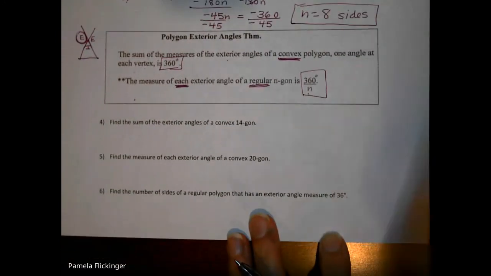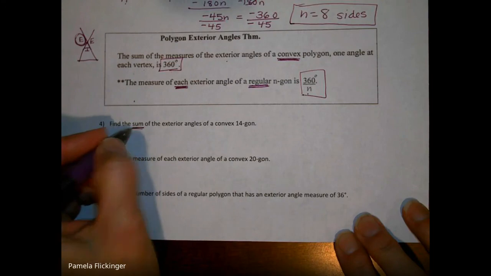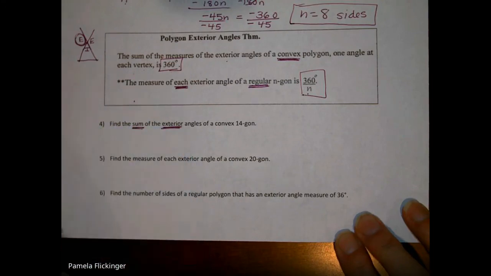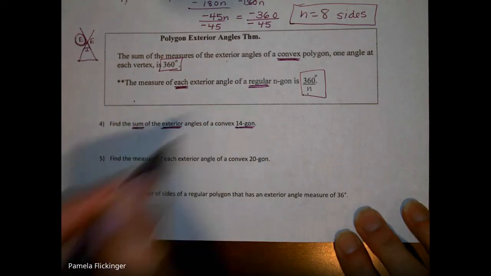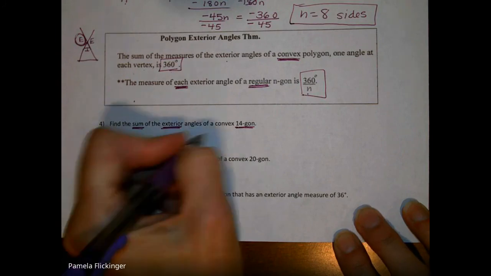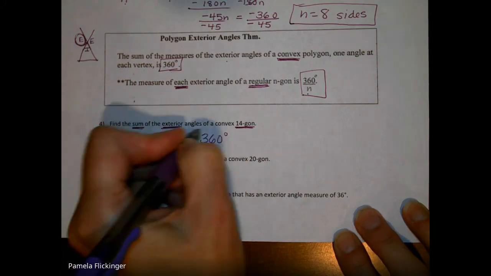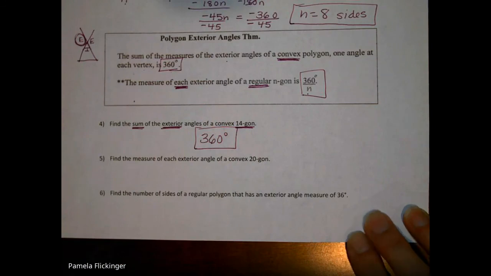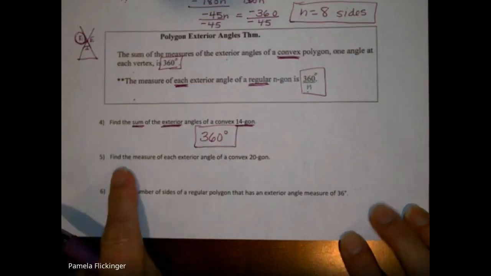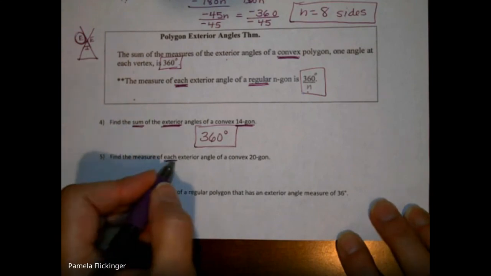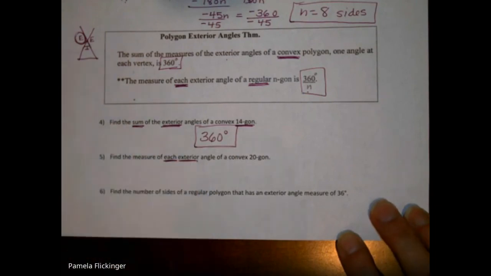So number 4, when it says find the sum of the exterior angles of a convex 14-gon, it really doesn't matter what size it is. The sum is always 360 for our exterior angles. Number 5 says find the measure of each exterior angle of a convex 20-gon.